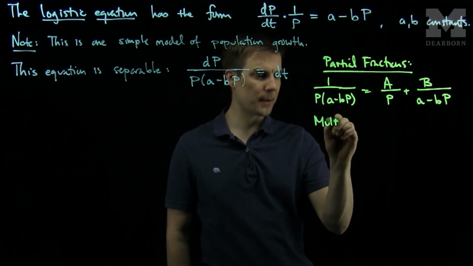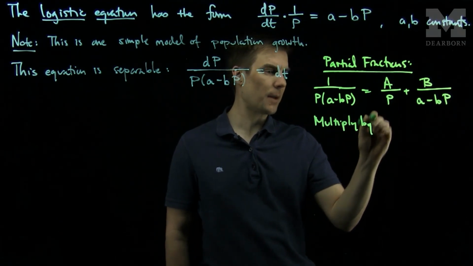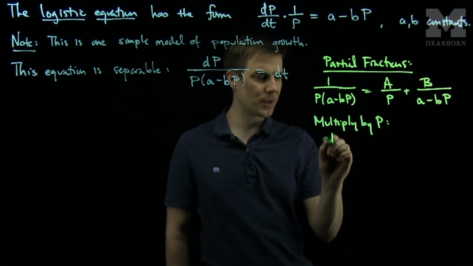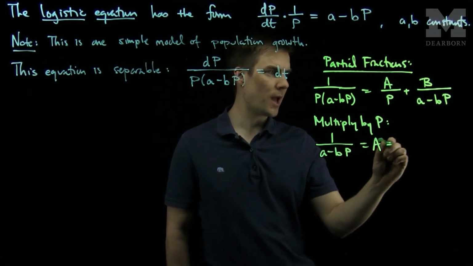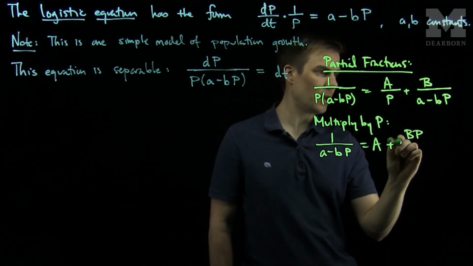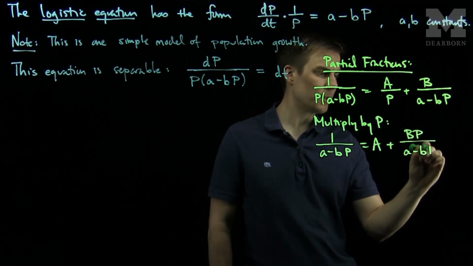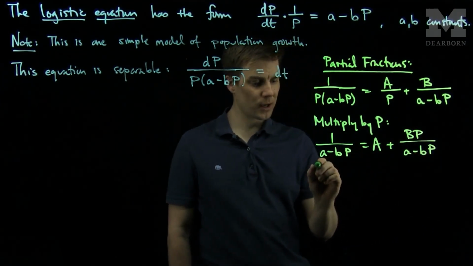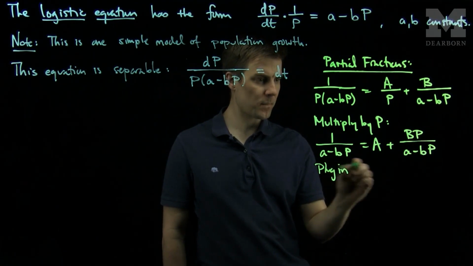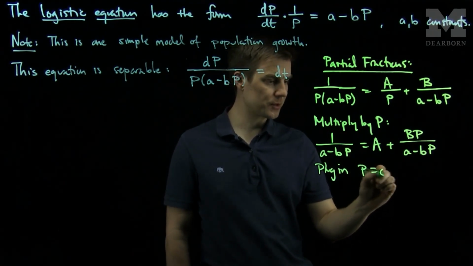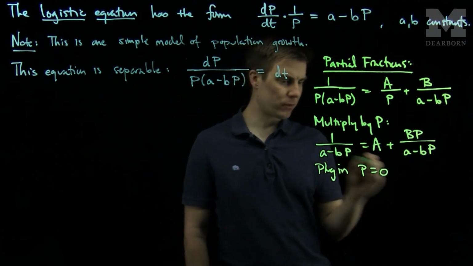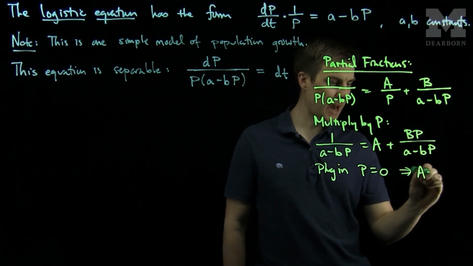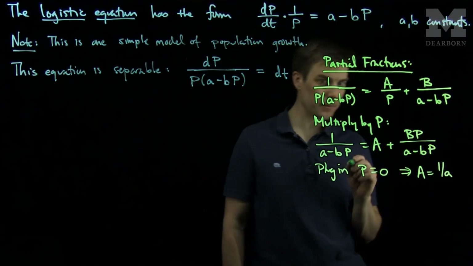So we'll multiply by p, and that tells me that 1 over (a minus bp) is equal to A plus Bp over (a minus bp). And we'll plug in p equals 0. Doing so, this term will cancel out, and this will just be 1 over a, and that will tell me that A is 1 over a.